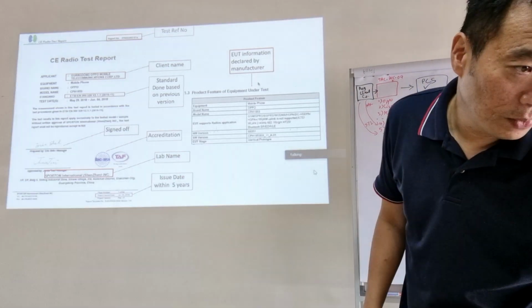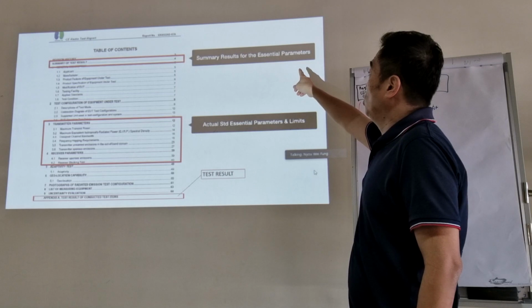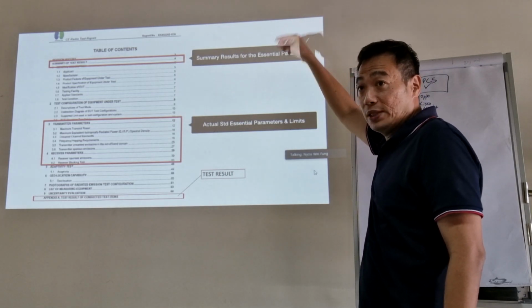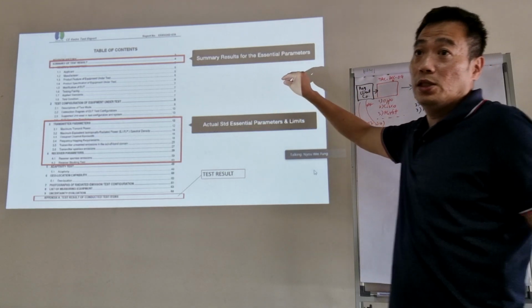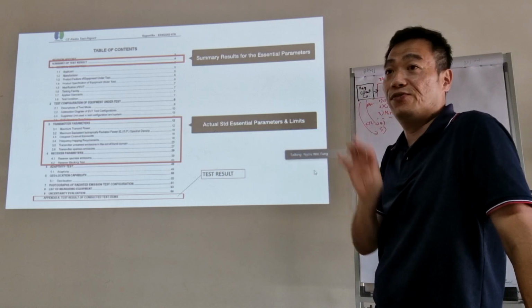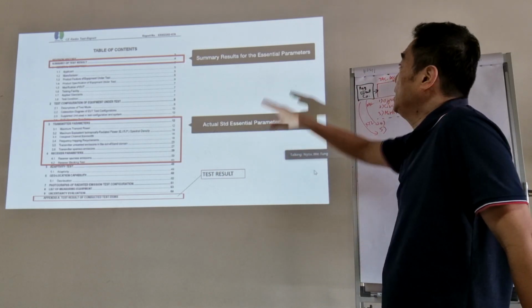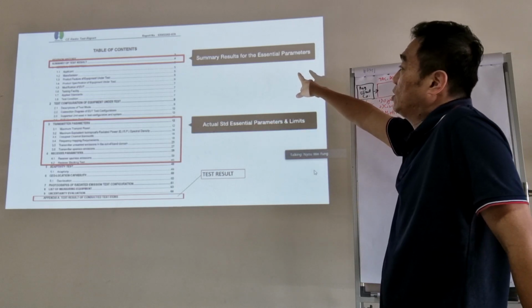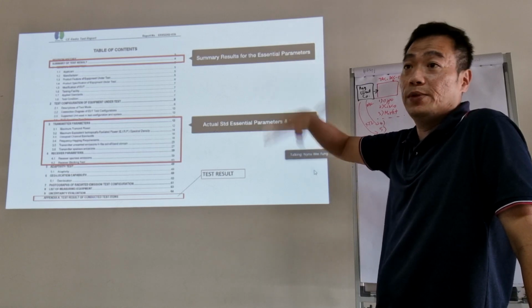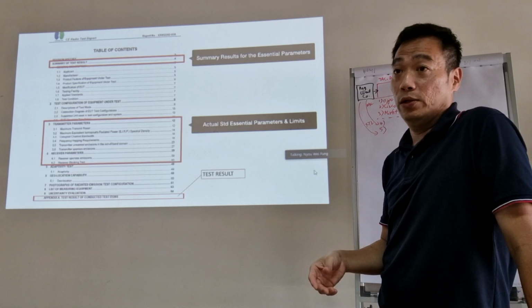Next will be the summary of test. You look for the essential parameters, especially those I mentioned earlier, the RF output until the receiver spurious emission too. Those are critical because different countries have different focus, but the main ones will be those few I mentioned. For this summary, as long as you look at the result, make sure there is no fail. If there is a fail in the summary, then straight away you have to query the client why this fails.